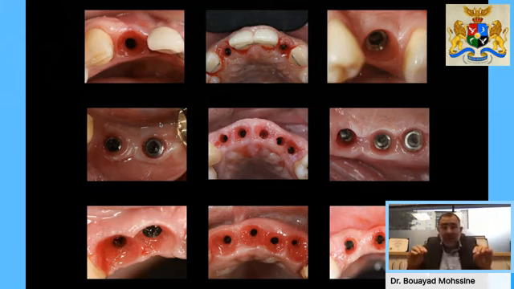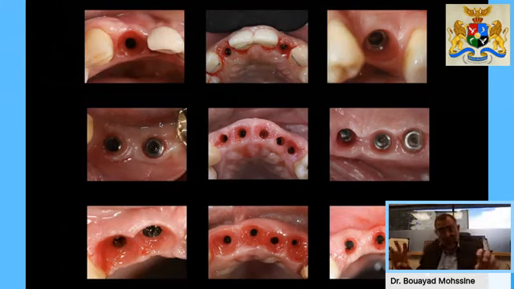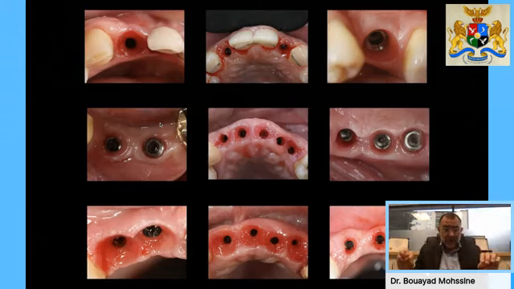We will have a good healing of our soft tissue and predictability of our protocol.